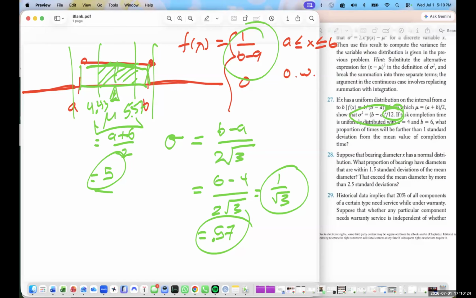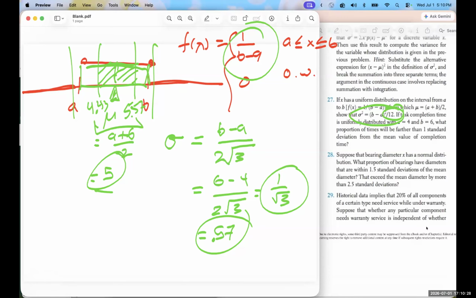All right, let's see. I am getting 0.877 for the proportion.